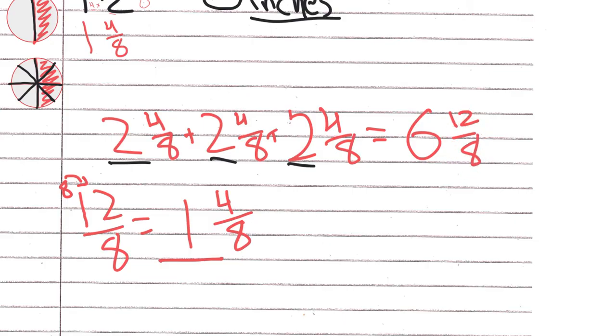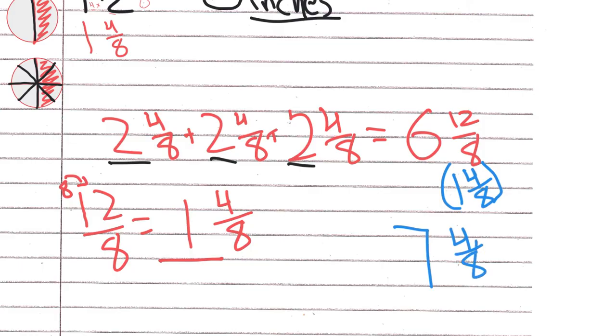That is this number here. We have 6 12/8, but we now know, maybe I could put this in a different color, that this 12/8 is also 1 4/8. There we are. So if we have 6, and then we also have this 1 4/8, we can just combine them, okay? 6 plus 1 is 7, and then I just have my 4/8 left.